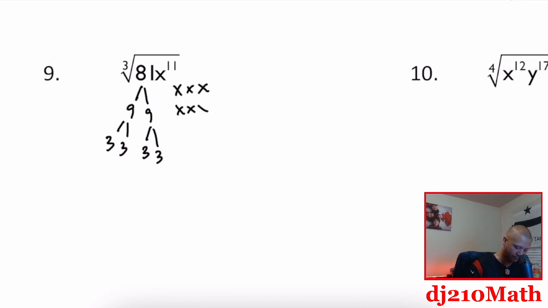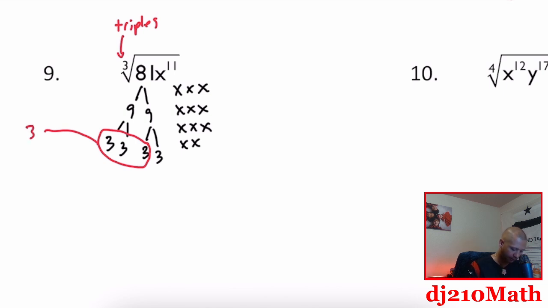So you could say 3, 6, 9, 11. Okay, so if I'm taking out triples of everything, 3 threes will come out as a single 3. So there's a 3 in front and a single 3 left behind.